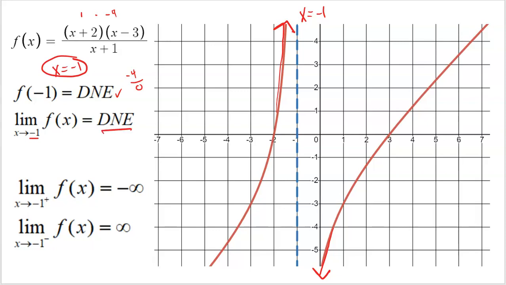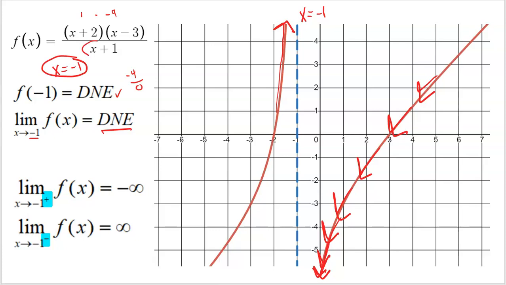But because we now can analyze the limit from the right side or the left side only, we can be a little bit more specific in terms of what's actually happening here. As we approach negative 1 from the right-hand side, getting closer and closer to negative 1, if we're following our function from the right-hand side, the function is going down, down, down.